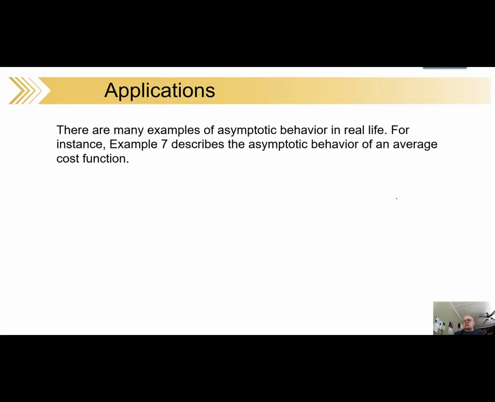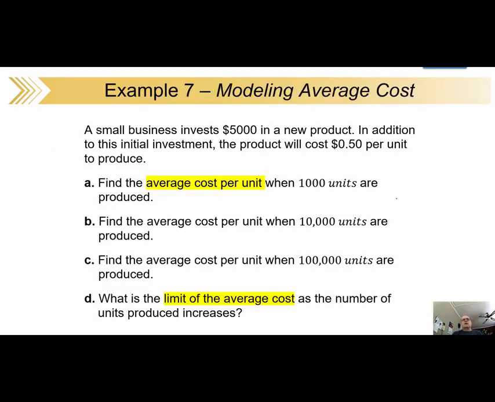So, application, of course. This is a good example for throwing in average functions again. Remember, C bar represents the average cost function, but it's not the total cost function.